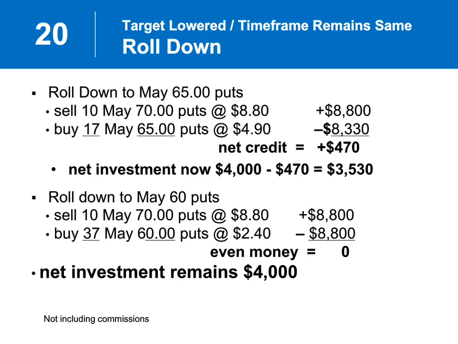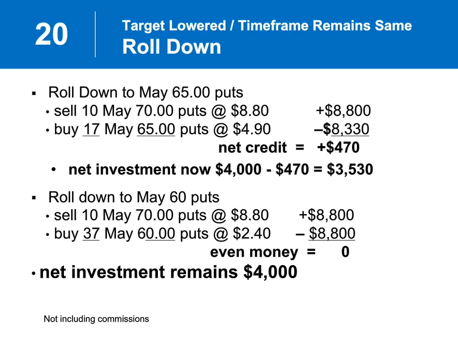To roll down to the 65 puts, those 65 puts with the stock trading at 63 are going for $4.90. So we could buy 17 of those 65 puts and still take a little money off the table. So you can see the math, 88 less the 83.30.